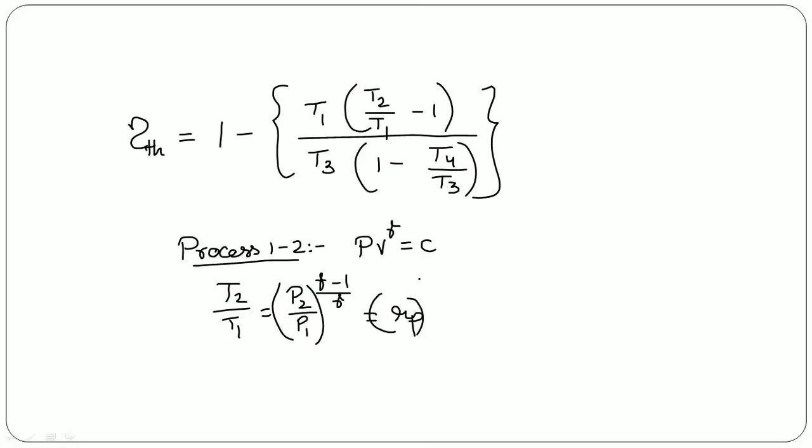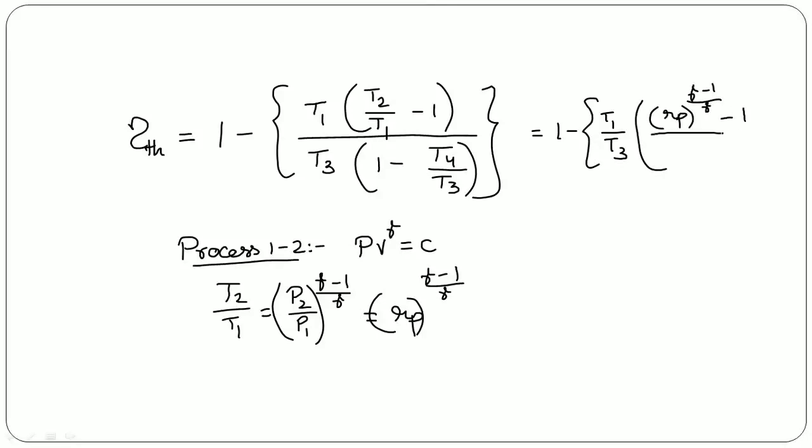This will be Rp to the power gamma minus 1 by gamma. So T2 by T1 can be written as pressure ratio. So 1 minus T1 by T3, let us write like this. In the numerator, Rp to the power gamma minus 1 by gamma minus 1 divided by 1 minus T4 by T3.